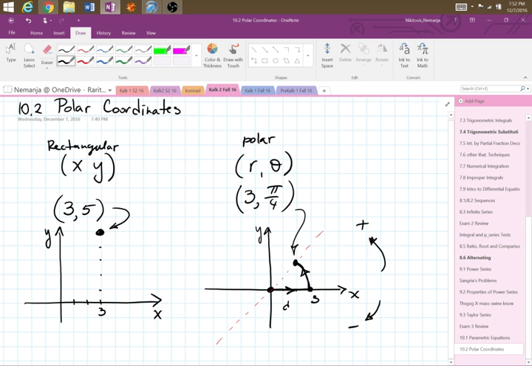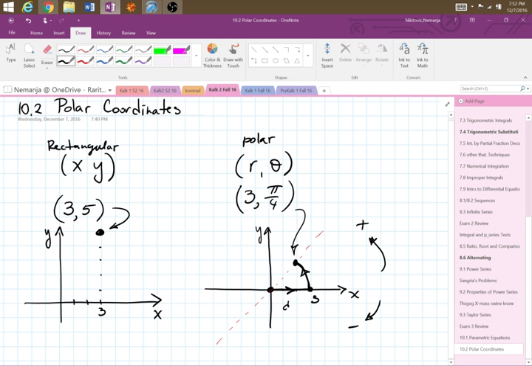We actually get to the same point in a different way, and we'll see the conversion between the two. We will see the benefits and the drawbacks of polar coordinates. They are not perfect, otherwise polar coordinates would be all we use. In some cases, we will stick with rectangular. In other cases, we will stick with polar.